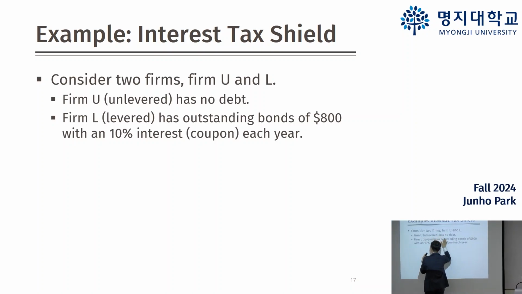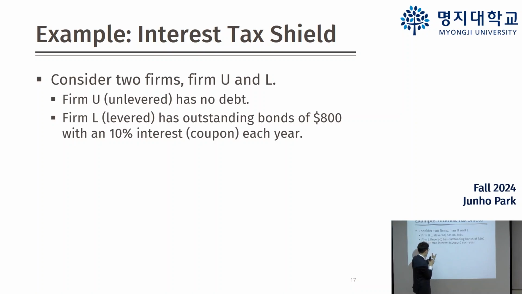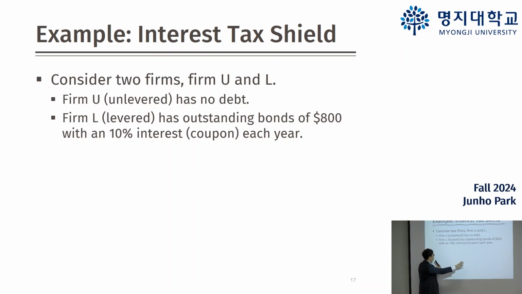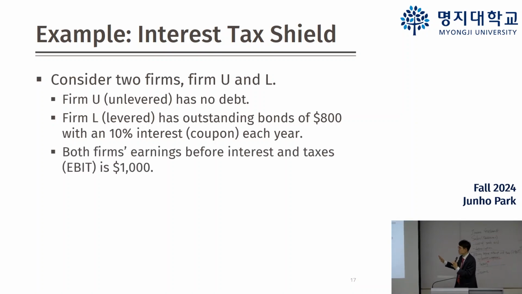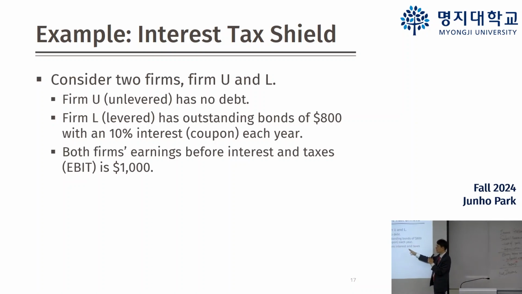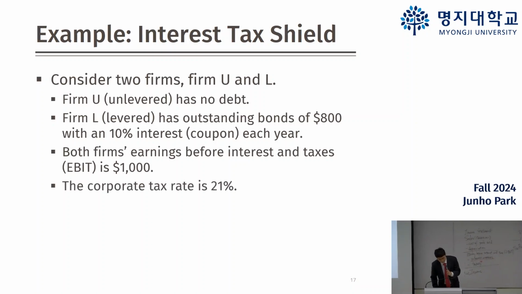Firm U is unlevered, so it has no debt. On the other hand, there is a firm L, which is levered, and it has bonds existing. The rest of the characteristics are the same, so they have the same profit. Their earnings before interest and taxes are the same at $1,000.